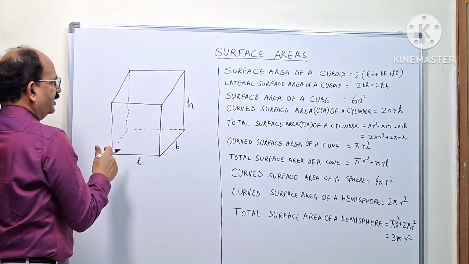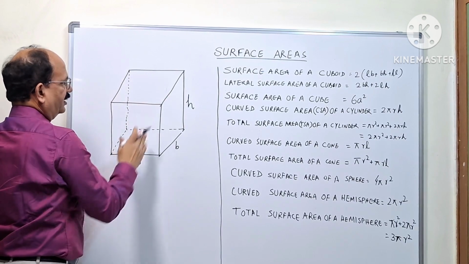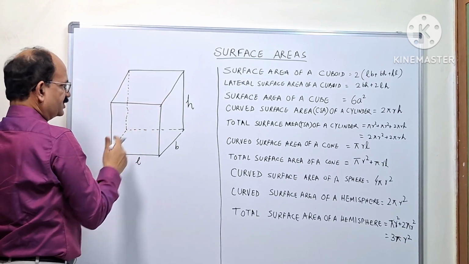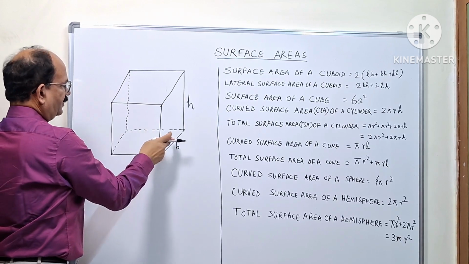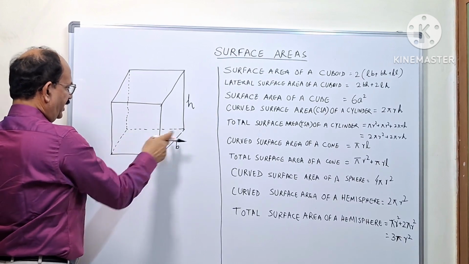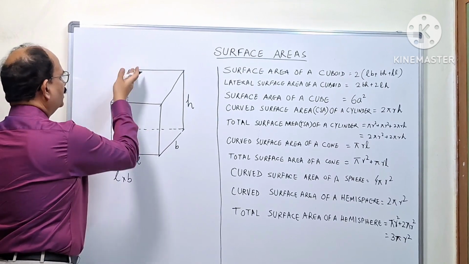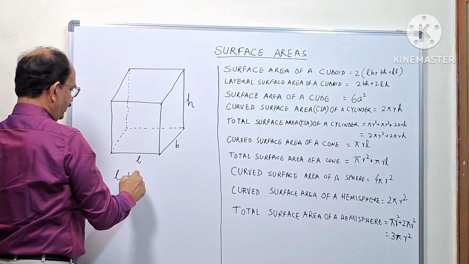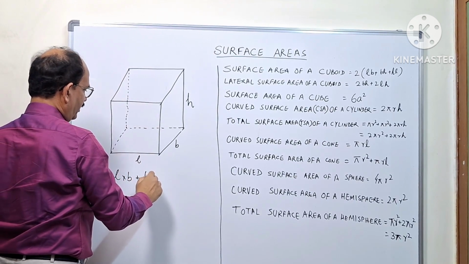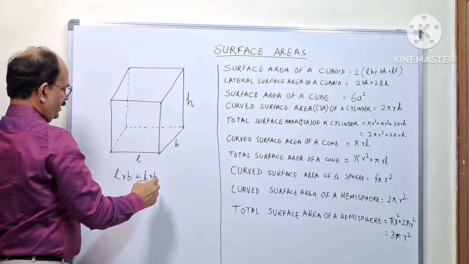Okay, and therefore the total surface area of each face inclusive will be, say for example, take this, the base one, it will be L times B, and just opposite to it there will be another L cross B, right?